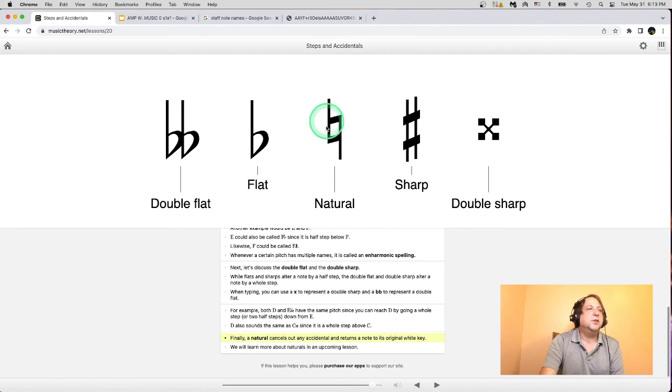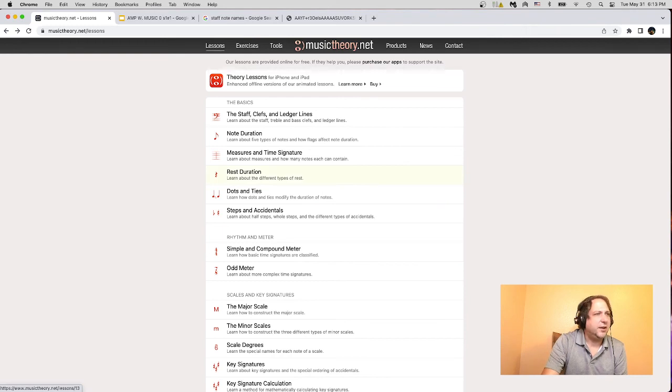Now we have a thing called a natural. It takes away any note, being a sharp or a flat, and reduces it to its white key natural state. So basically, let's say you have, I'll pull out the handy piano here.